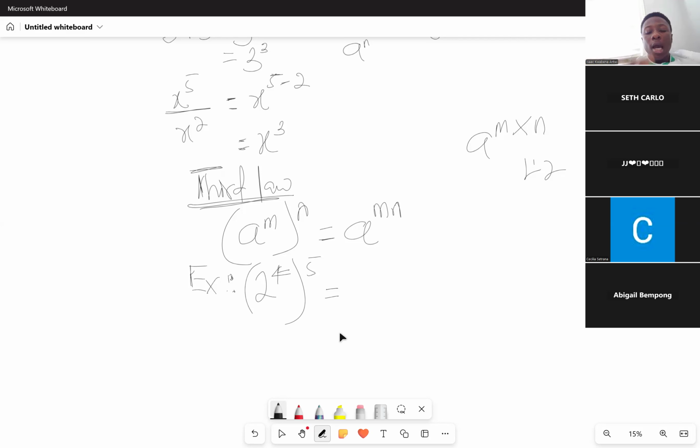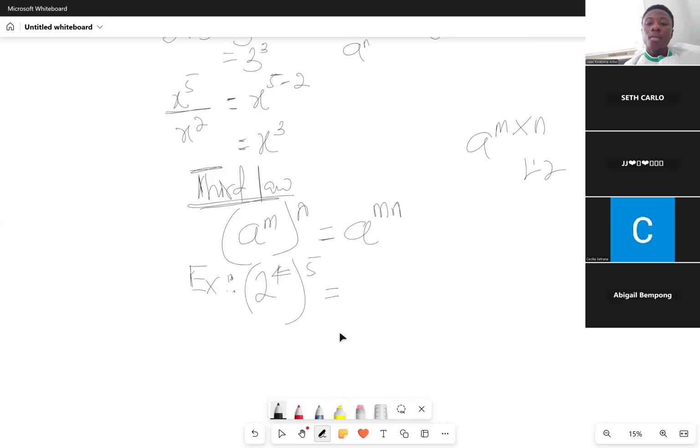Have you seen it? A number with an index, in parentheses, another index. How would you solve this? Anyone at all can try. I'm not going to restrict anyone.